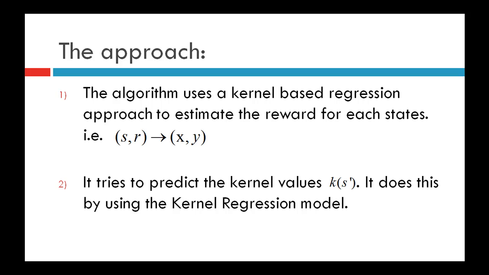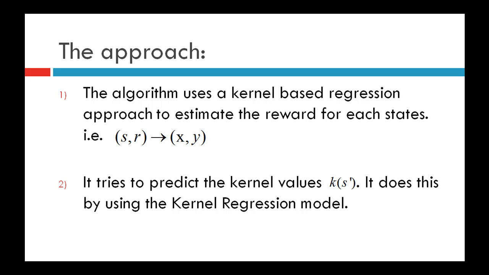This is analogous to the least square problem, where X is an input and Y is a target for this X. Likewise, in this algorithm, R can be considered as the target variable and S as the input variable. So we are trying to find a relation between the states and the rewards.